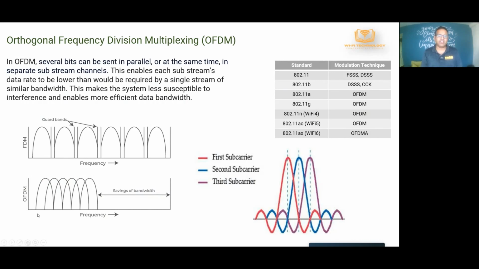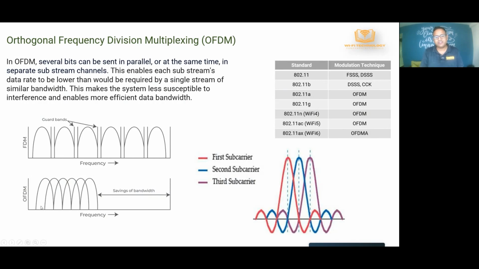What OFDM does is it allows the user to send information in smaller subcarriers, or smaller chunks of frequencies, and it allows you to squeeze those frequencies in the frequency domain to get more spectral efficiency. The idea here is each subcarrier is using a certain frequency, and then the next subcarrier is overlapping with the frequency from the previous subcarrier.